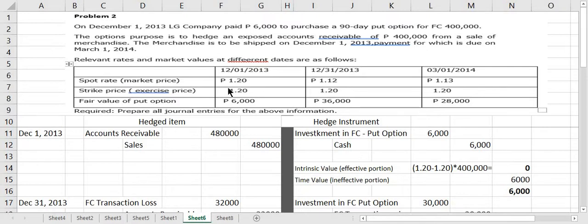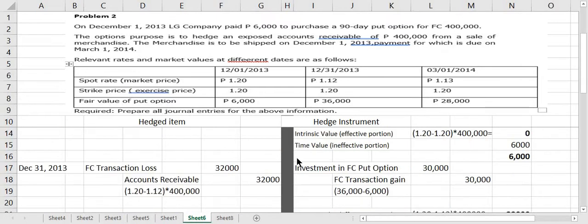Ayan. Dahil this is at the money, equal yung ating strike price at saka spot rate, kaya wala tayong intrinsic value. Therefore, the entire 6,000 pesos na premium na binayad is only for the time value component. Okay? Or the ineffective portion for 6,000.